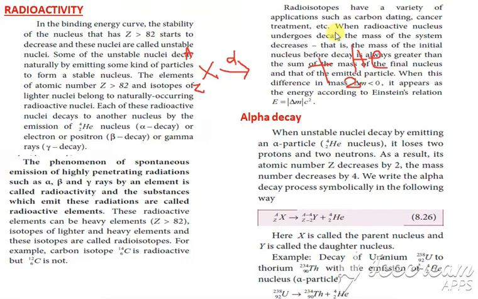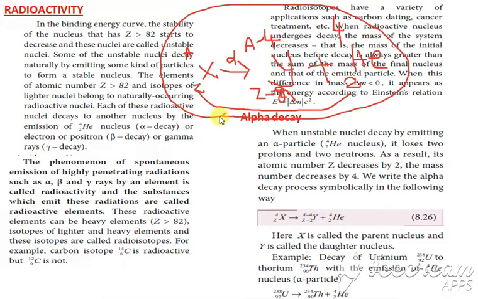It is helium, He 2 4. So from this, He 2 4 has come out, so we'll get a new element that is represented by Y. From this element 2 has come out, so this can be written as Z minus 2. From Z, 2 has come out, and similarly from A we lose 4, so A minus 4. So this represents the alpha decay.